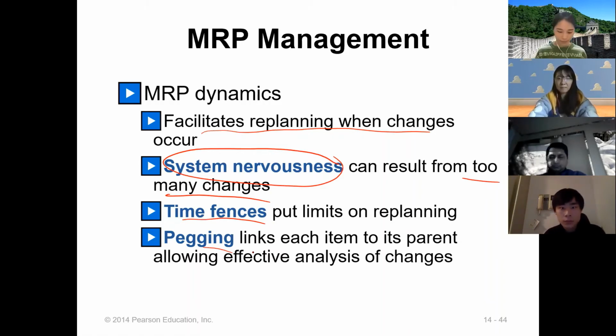So you need to also increase the net requirement for the other affected components, which will be automatically adjusted accordingly. You cannot just change the end item only, because the end item is related to the child parts and also the parent. So pegging links each item to its parent, allowing effective analysis of the changes that you try to do.